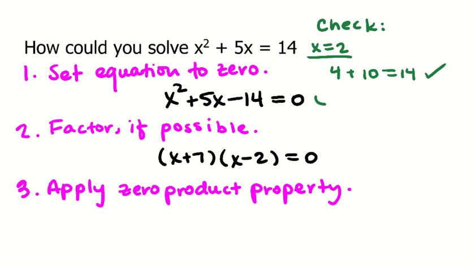Then we've got x equals negative 7. I square negative 7 and I get positive 49. But 5 times negative 7 is negative 35. If I take 49 and subtract 35, I will end up with 14. So we can see that both of these numbers make that equation true in their own way. So we say that they are both solutions to that equation.